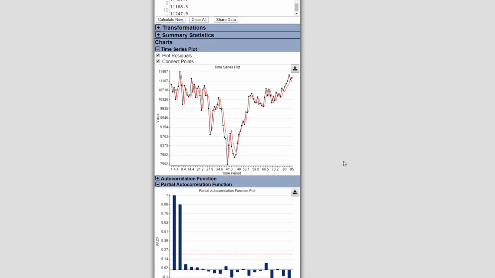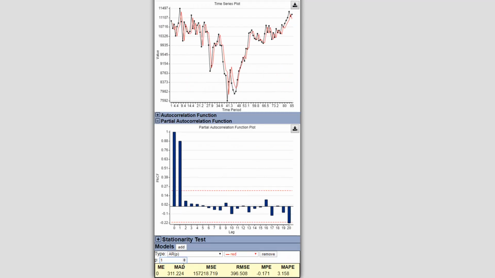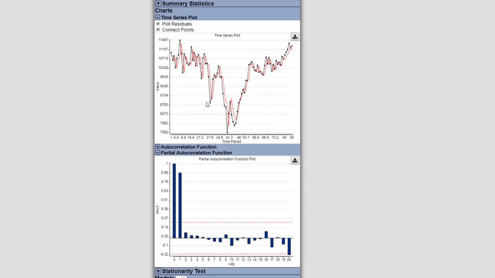It's like a simple linear regression where the y value is the time series data, and the x, the predictor, is the one lag removed. And so what we're going to get is, you can see this red line kind of follows along this. The red line is an AR1 model, which means to predict each value, it just takes the last prediction.